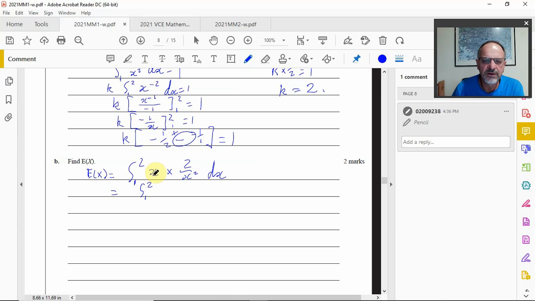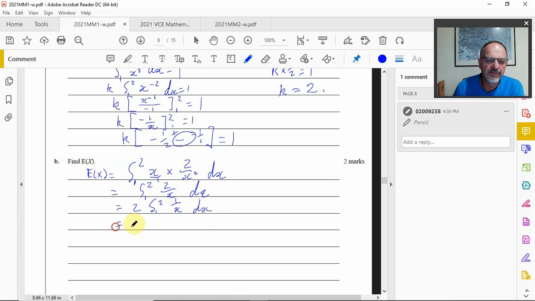We've got the x on the top, that's x over 1, and we've got x squared down here, so there's some cancelling going on. So we've got that. I'm going to put that 2 out the front as a constant, 1 on x dx.